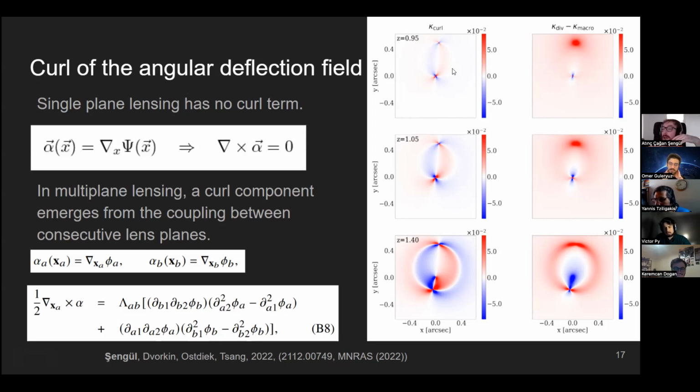So it has a very small curl, and a quite large convergence. But as you increase the redshift, pushing the perturber further and further away, you see from this plot that the curl term, which is this term, becomes almost as large as the convergence, meaning that if you're detecting it using its convergence, you should also be able to see the curl and measure its redshift, which is exactly what we did.